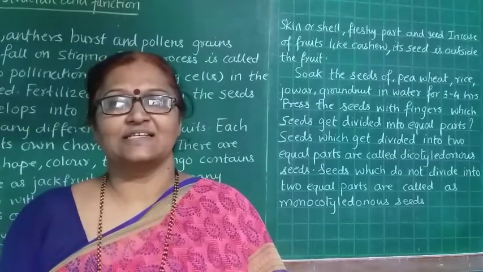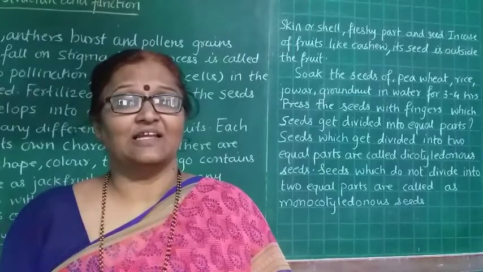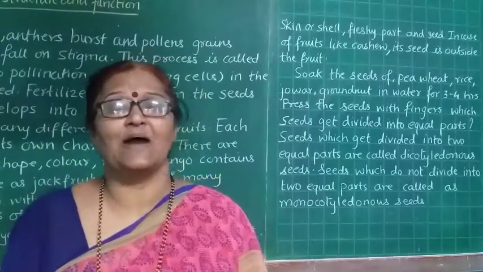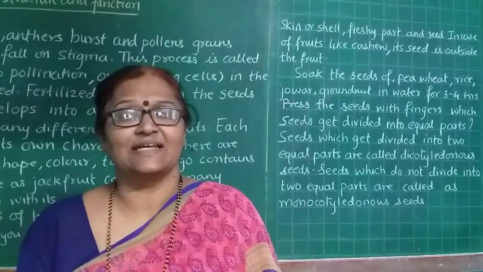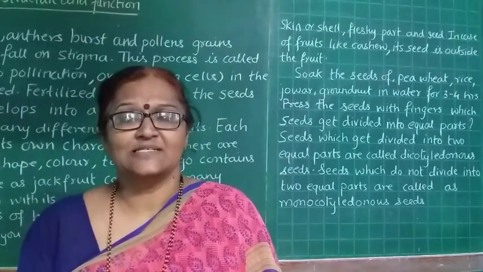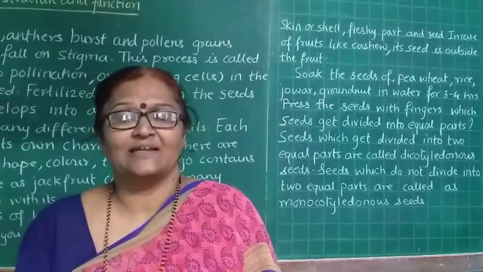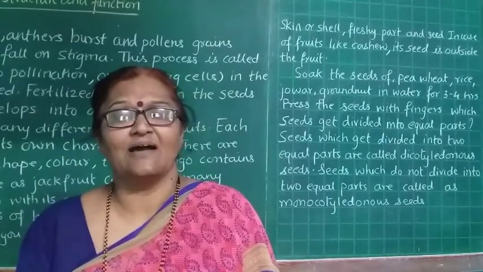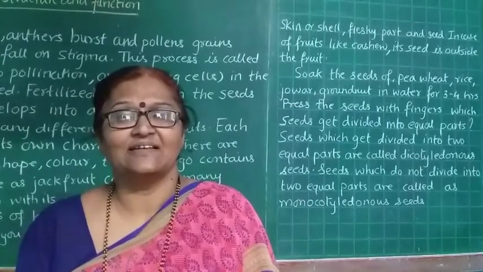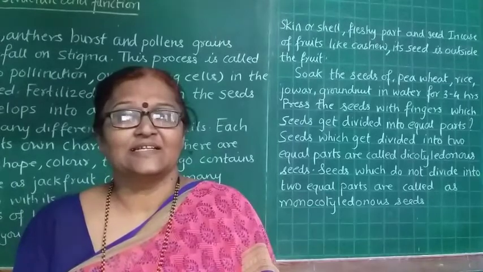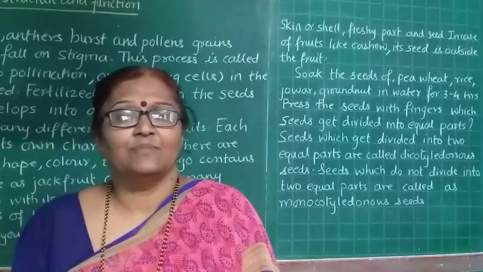Corolla is the very colorful and sweet-smelling part, having different colors and smells. Gynoecium is the female reproductive part. It has style, stigma and ovary. Androecium has anther and filament. It is the male part.